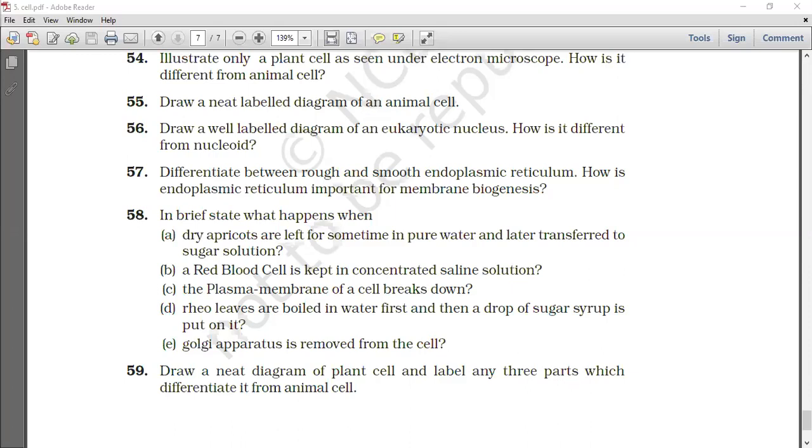Ronak? Yes, Ronak? Answer? Ma'am, because they form free ions when they are dissolved in water, so it helps electricity to get conducted through. Okay.